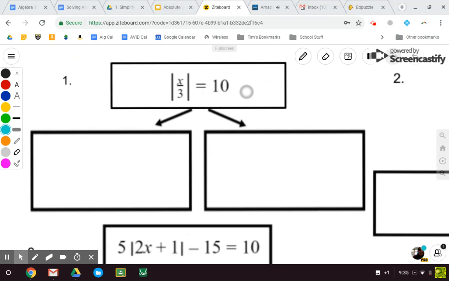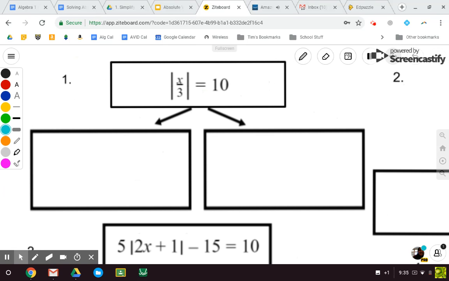So let's do the first example. First question we ask ourselves: is the absolute value alone on one side? If you don't have a highlighter yet, please pause this video and go ask for a highlighter. So the absolute value is by itself, so I'm ready to set up two equations.